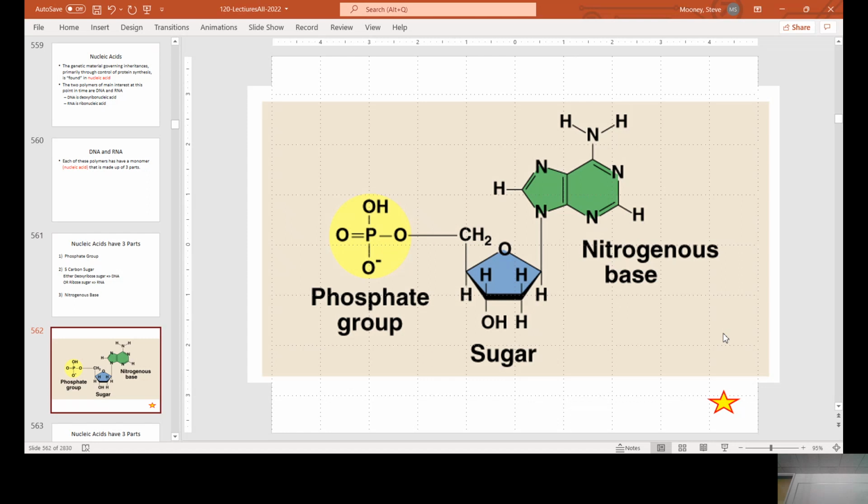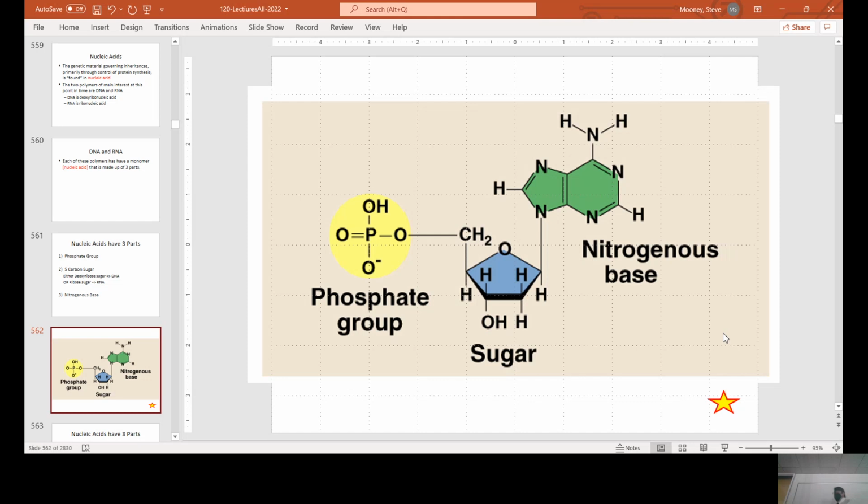We have the sugar here, so we've got a 1, 2, 3, 4, 5 carbon sugar. And then we have our nitrogenous base attached to that in the green. So lots of N's for nitrogen. Nitrogen, nitrogen, nitrogen. Lots of different nitrogens.